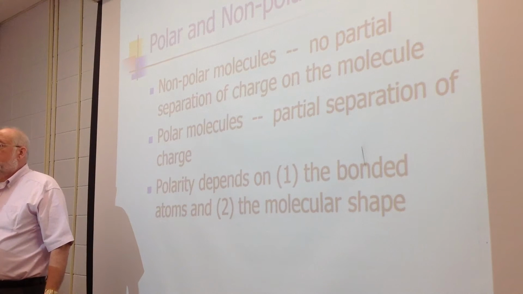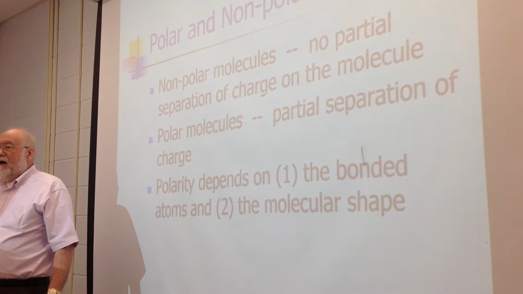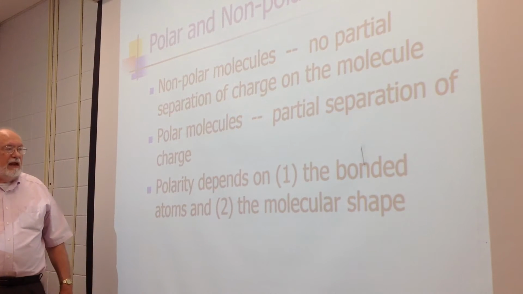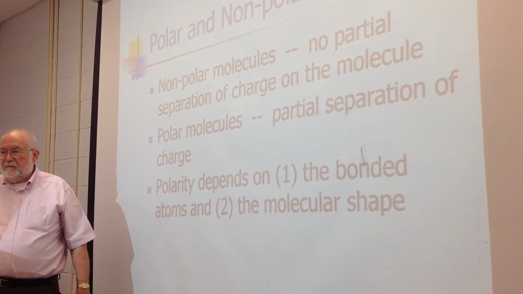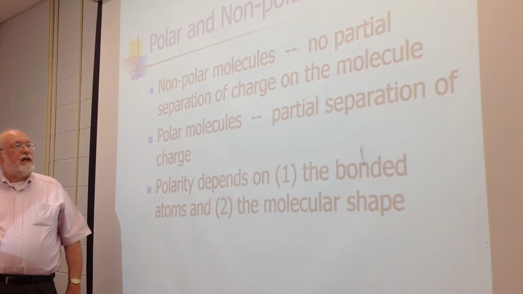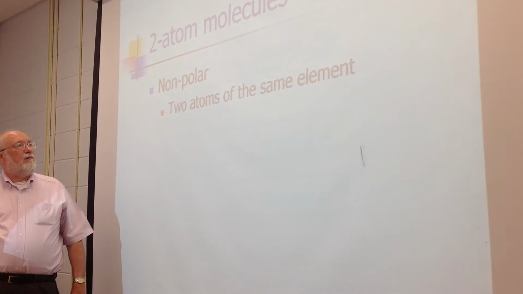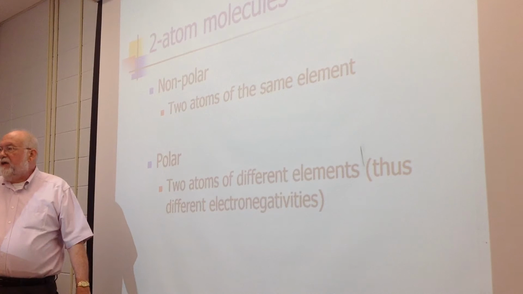If they're two atoms of two different elements, it's likely to be polar because of that difference in electronegativity.